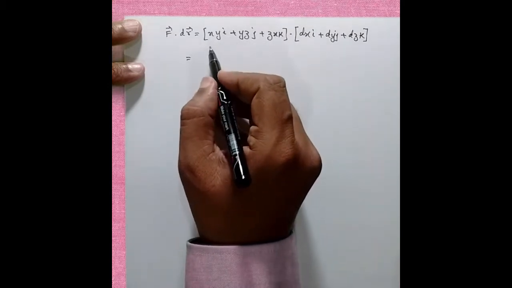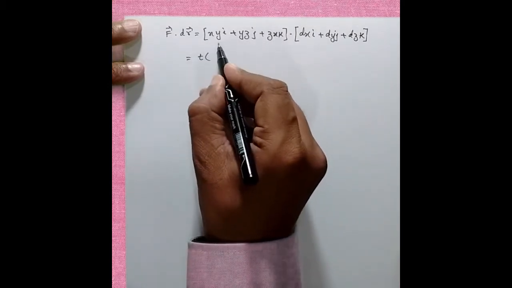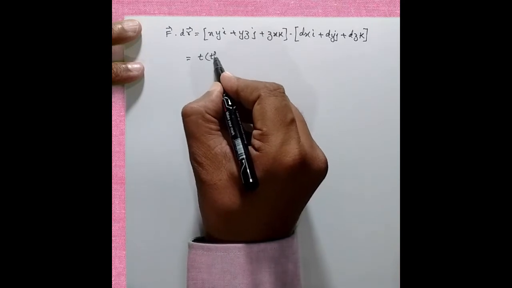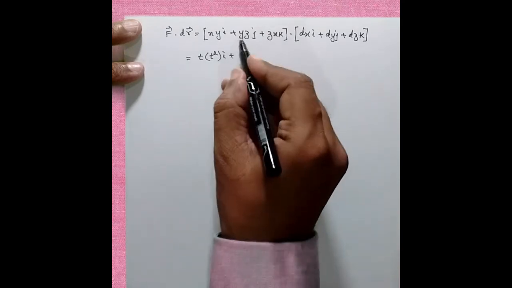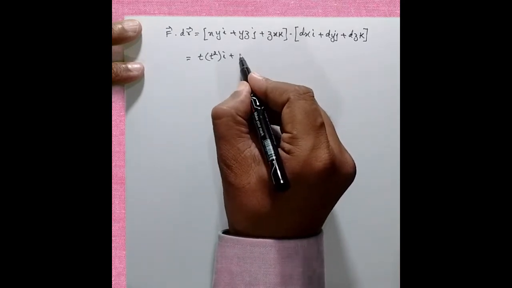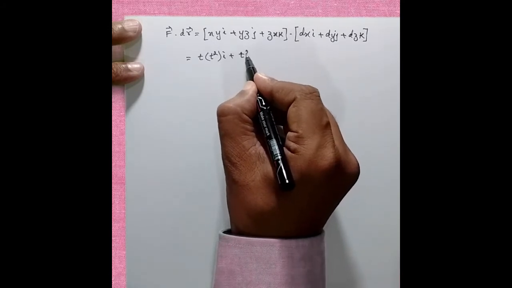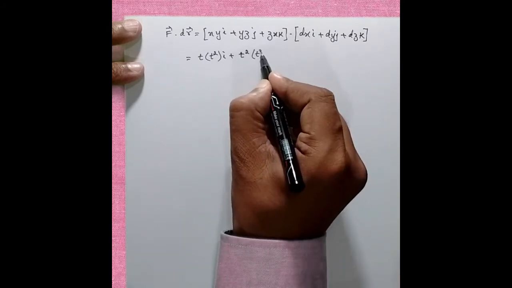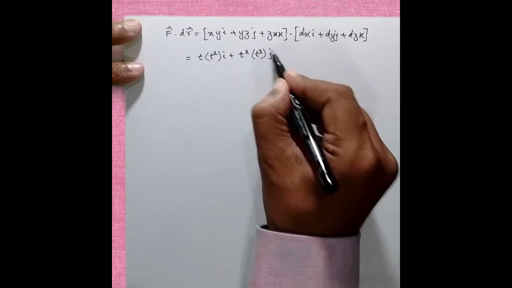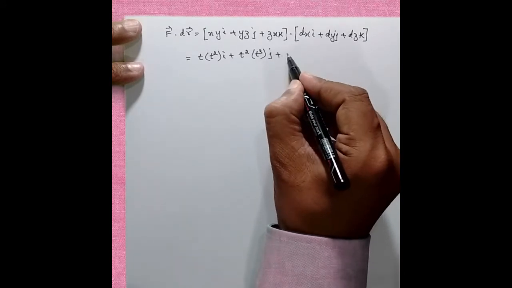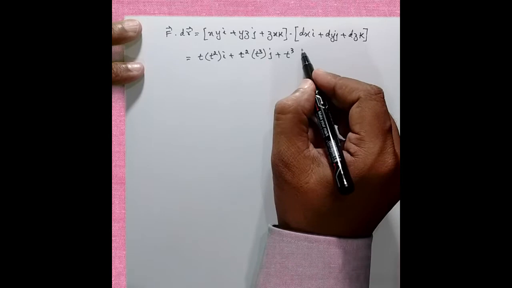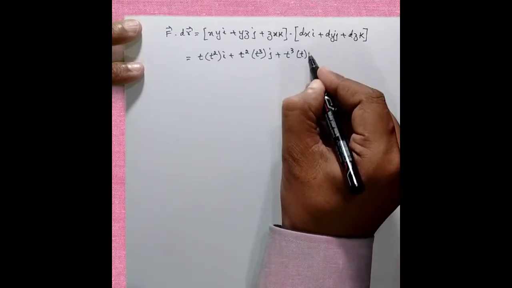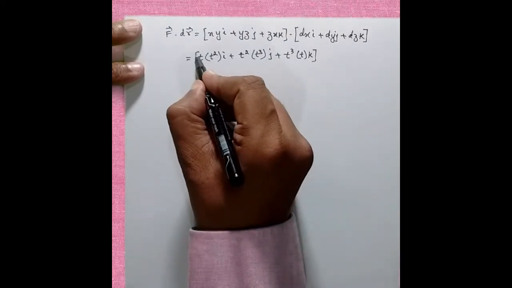The value of x is t into the value of y is t square, times i, plus the value of y is t square into the value of z is t cube, times j, plus the value of z is t cube into the value of x is t, times k.